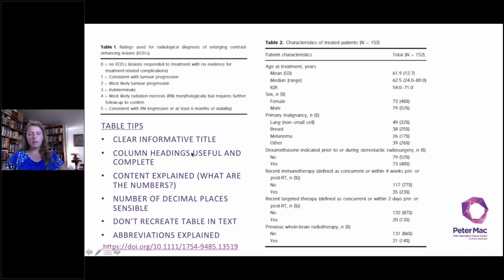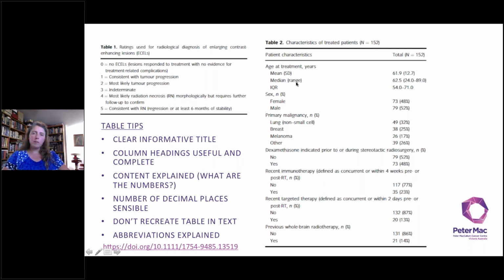The column headings within your table need to be useful and complete. So in this example, we have the patient characteristics listed here. It's clearly telling you these are things about the patients, and we have our statistics provided here among the 152 patients.